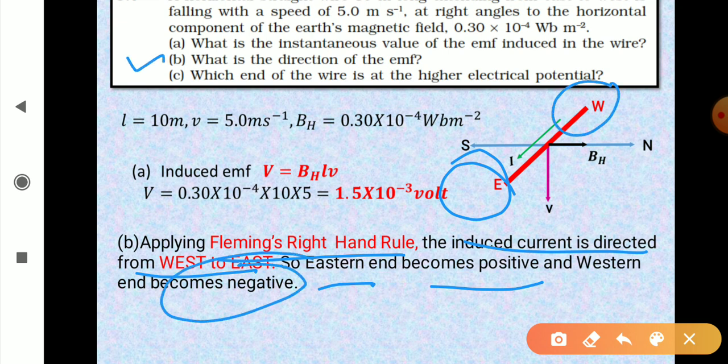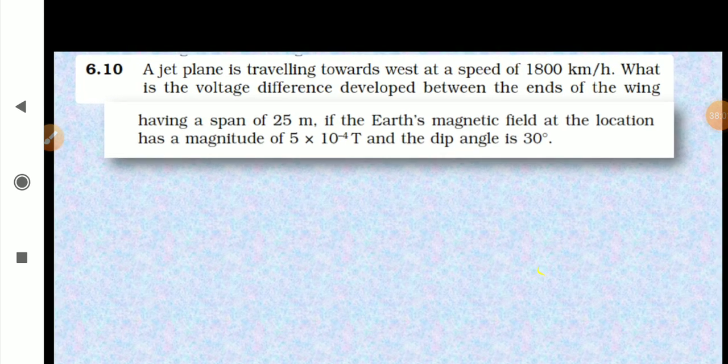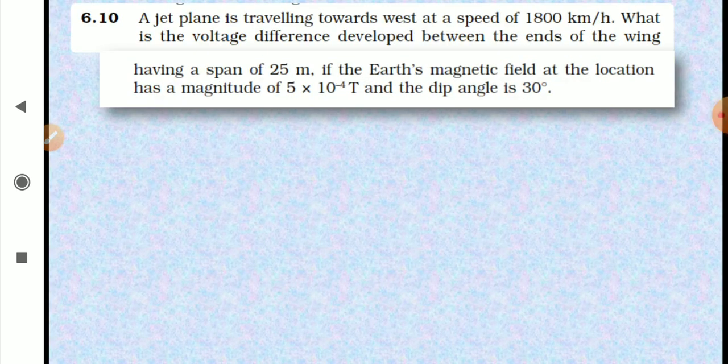And the third part is, which end of the wire is at higher electrical potential? Naturally this end becomes positive, so the eastern end is at higher potential.